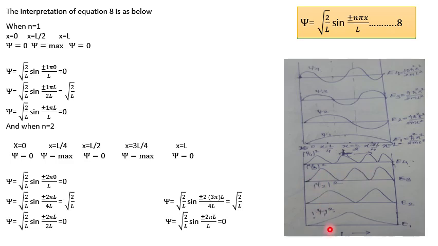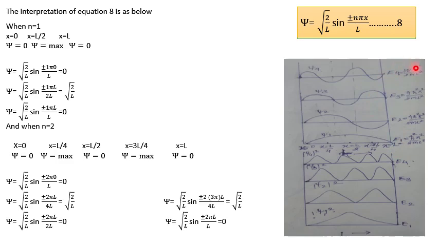So, when the probability of finding the particle increases, it means that the uncertainty in the position of the particle also increases. So we can say that when we are moving to a higher energy level, the position of the particle is uncertain. But we see that the energy values are increased, or we can say that we are less uncertain in the energy values when we are moving to higher energy levels inside the atom.